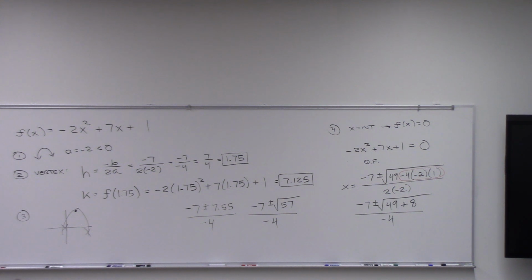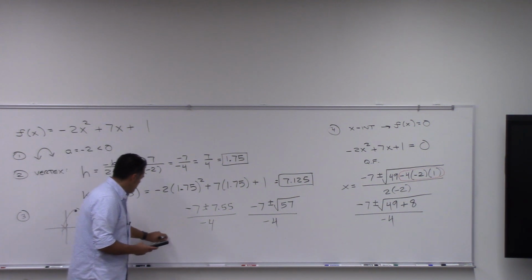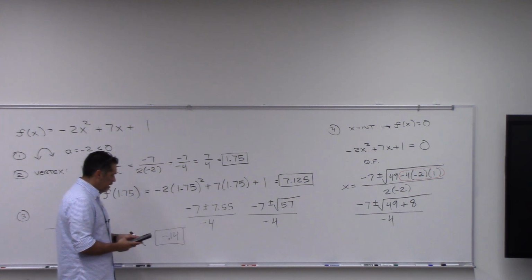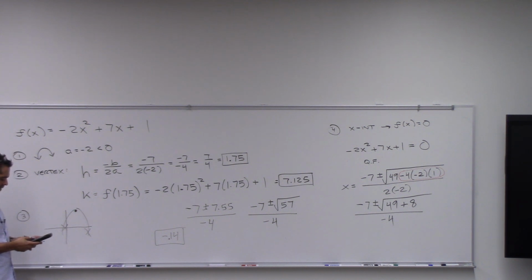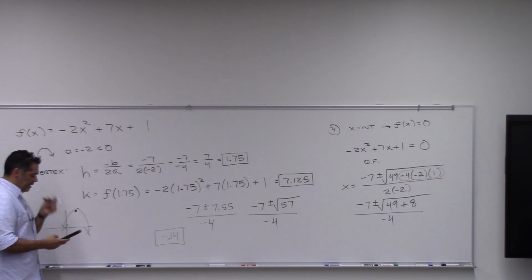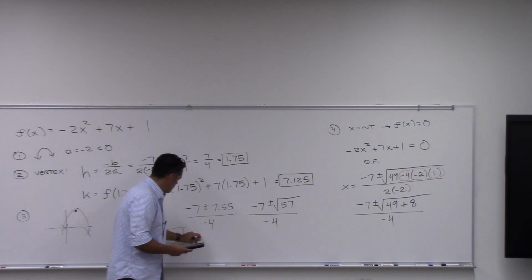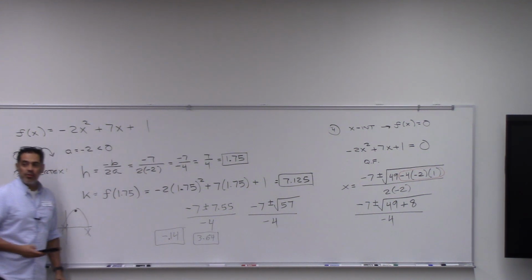So I'll just give you those two answers. I'm doing negative 7, adding 7.55, hitting equals, then dividing that by negative 4. I get negative 0.137, I'm going to go negative 0.14, close enough. That's one answer. The other one, I take negative 7, subtract 7.55, hit enter, and then divide that by negative 4. I get 3.64. Those are my two x-intercepts.